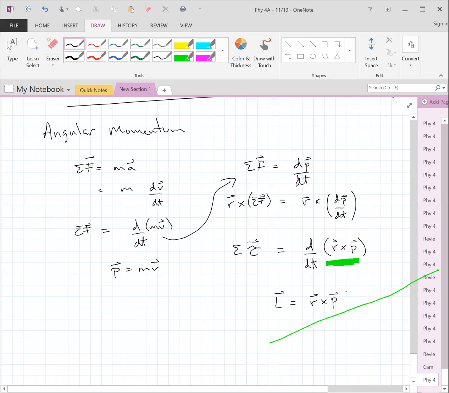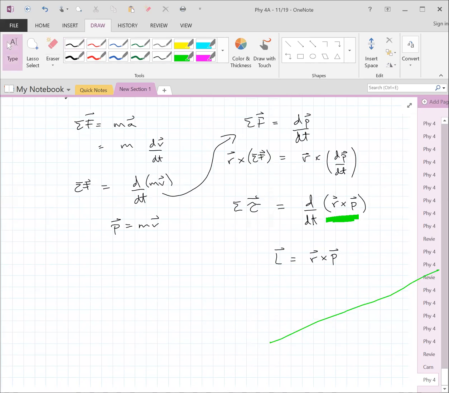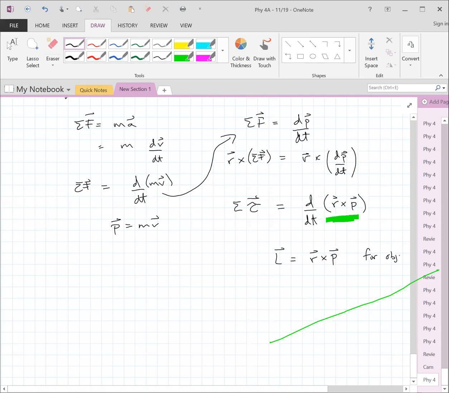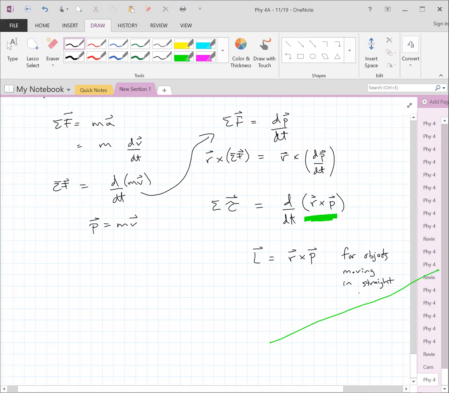The angular momentum is r cross p, and that's for objects moving in a straight line. We already know we use I omega for rotating objects.